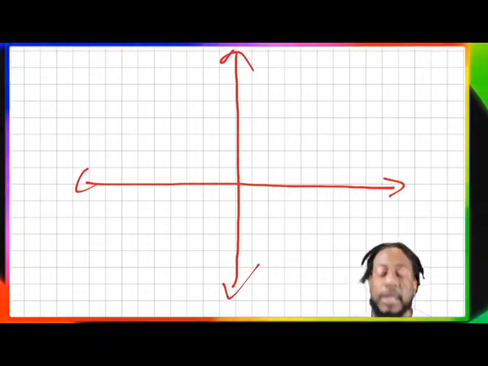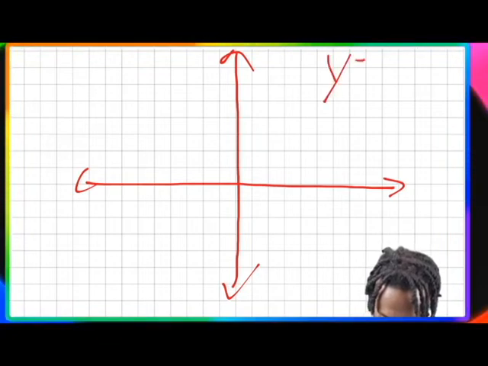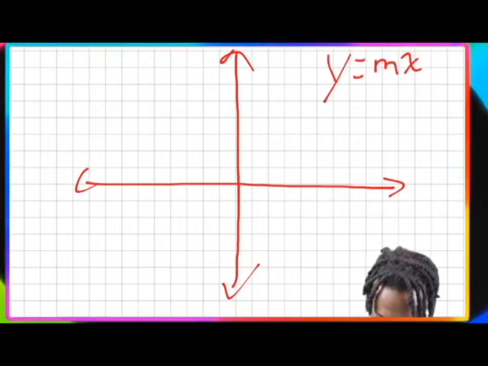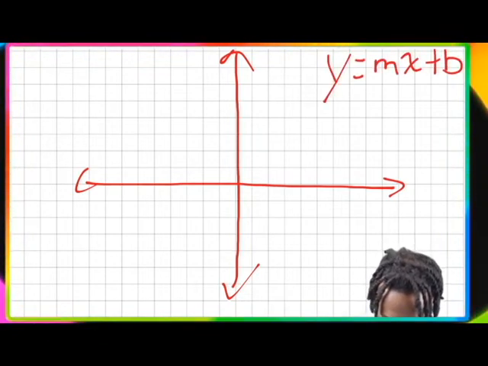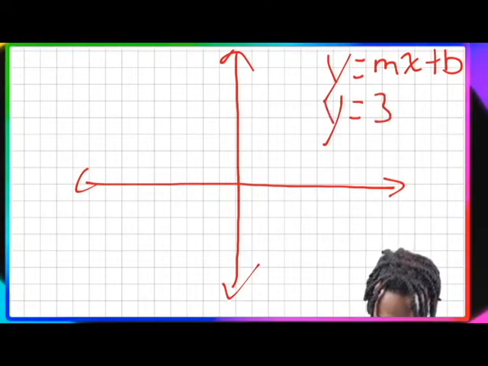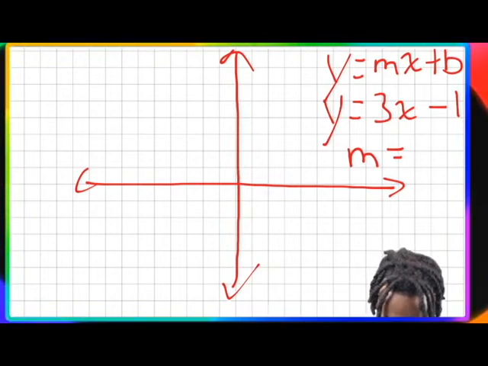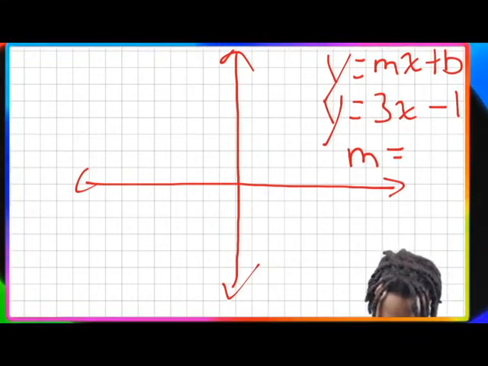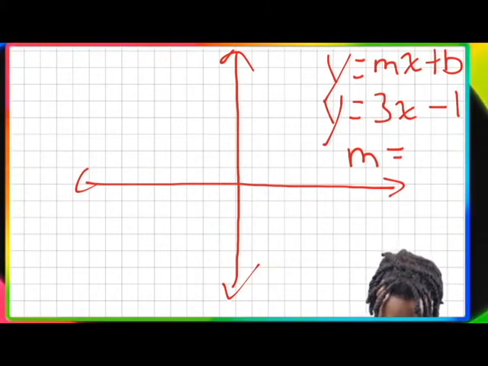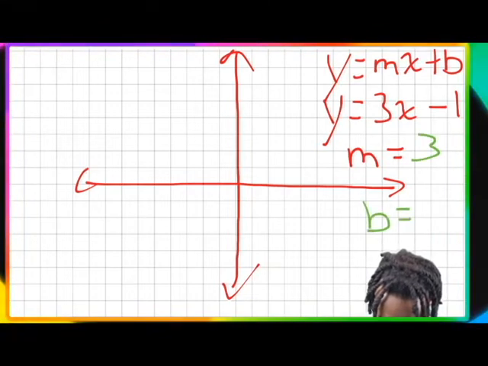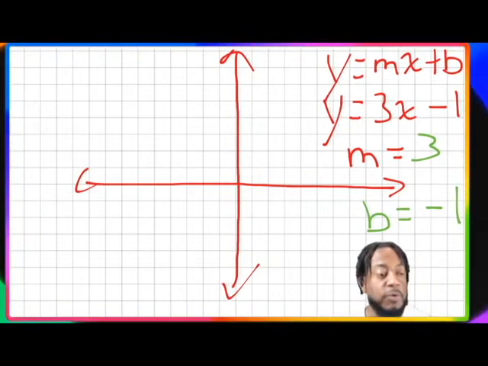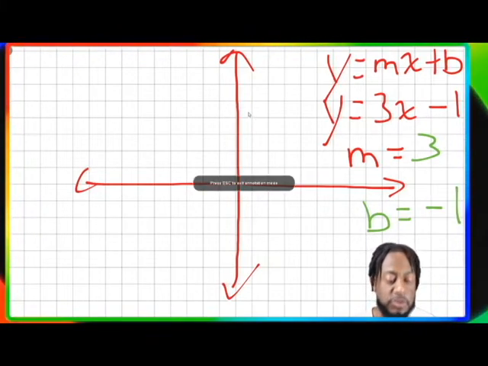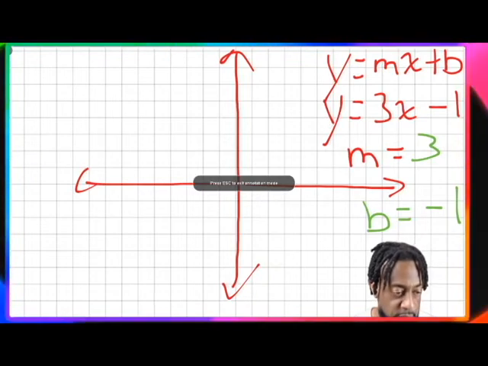Now, we said it was y equals mx plus b, and they gave us y equals 3x minus 1. My m is 3, and my y-intercept is negative 1. Now, the first thing you're going to do is graph the negative 1.